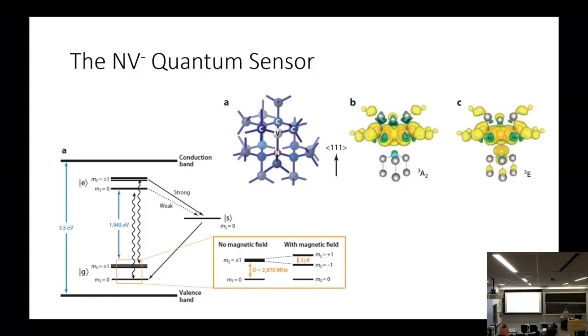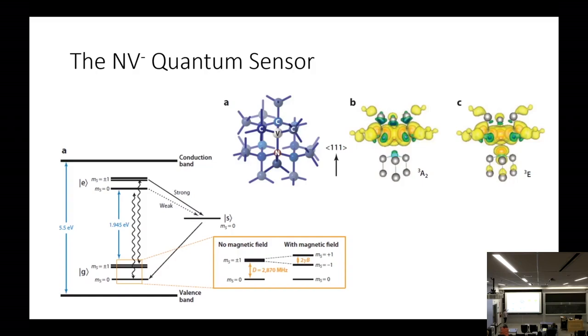And then the electronic structure of these nitrogen vacancy centers we've described a little bit. When I talked about color centers in insulators or in any semiconductor, you have your valence band and conduction band, and then you have this set of states that are in the gap. So that's just like any color center.